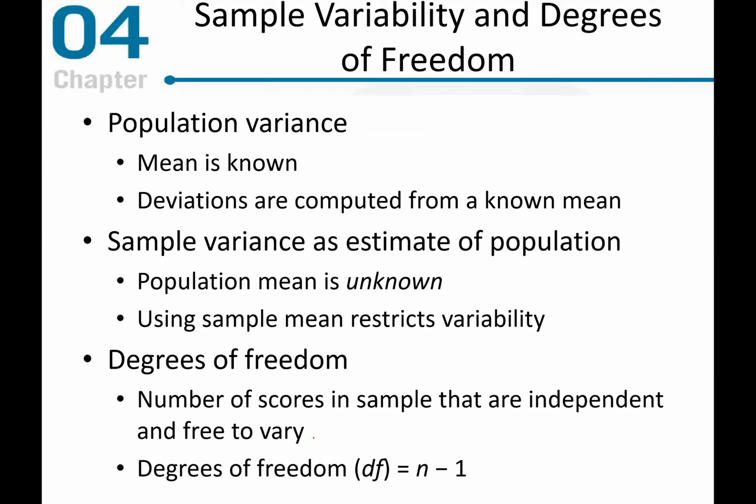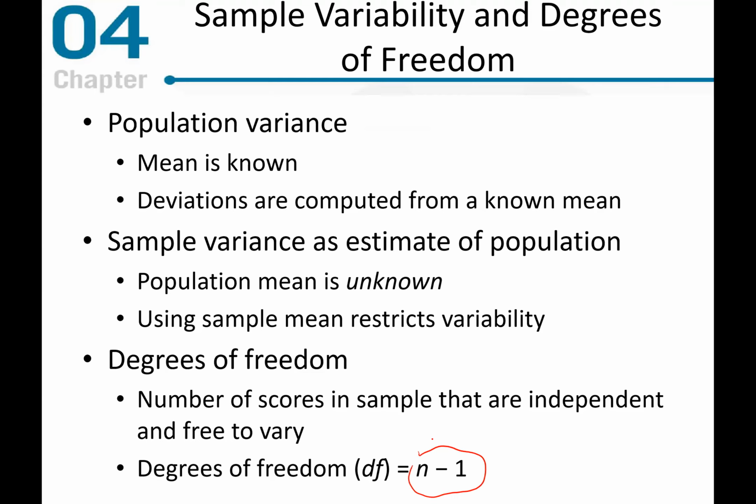So we have what are called degrees of freedom. The number of scores in the sample that are independent and free to vary. That's what the degrees of freedom mean, right? So the degrees of freedom, when calculating the standard deviation and the variance for a sample, is going to be the sample size minus 1. All right.